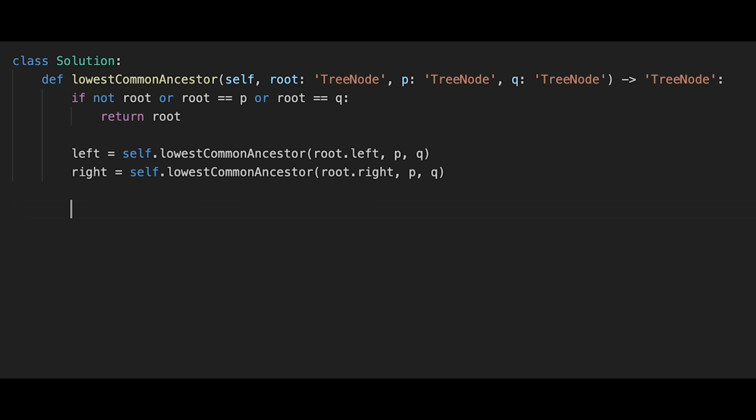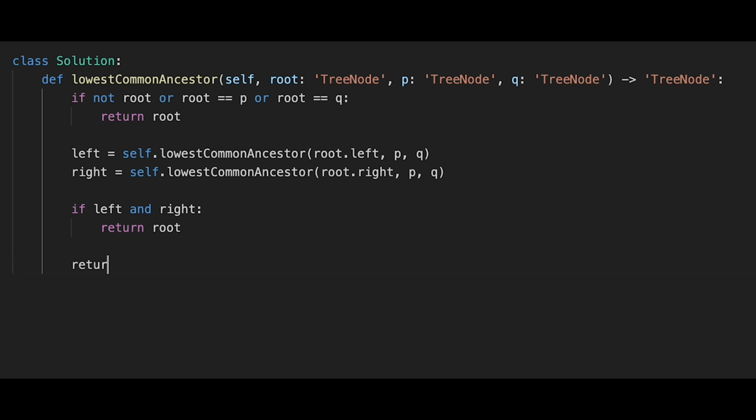So after that, if we have both nodes, so that means left and right are not null, so the current root node is the lowest common ancestor. So that's why we return root. If not the case, in the previous section we return left or right if we have one of the nodes.